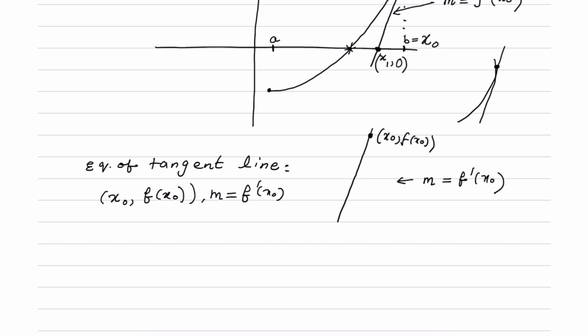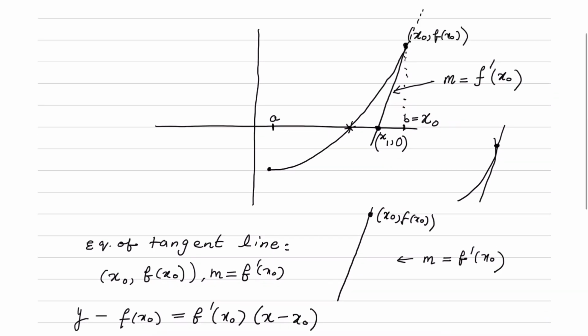So the equation of the tangent line is y minus the y-coordinate of the point through which the line is passing, equals the slope, which is f dash x0, times x minus the x-coordinate of the point through which the line is passing. So we have written an equation of this tangent line.